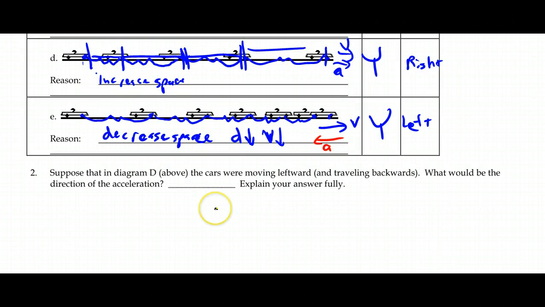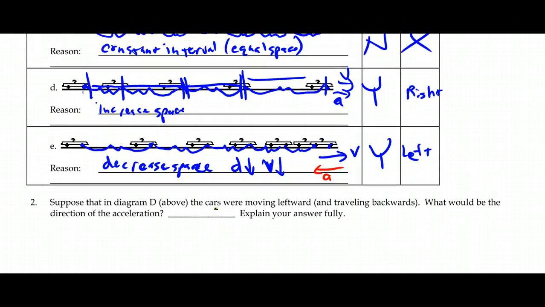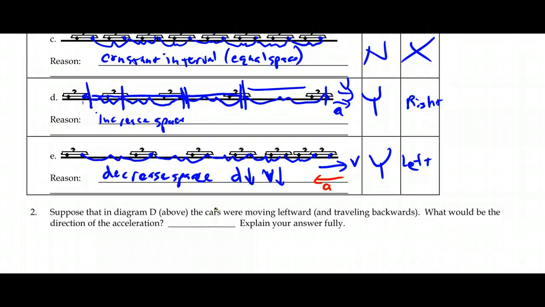Okay, in diagram D above, the cars are moving leftward and traveling backwards. What would be the direction of the acceleration? So now in this case, we would see in D, if I change colors, we started out far apart and we started getting closer together.